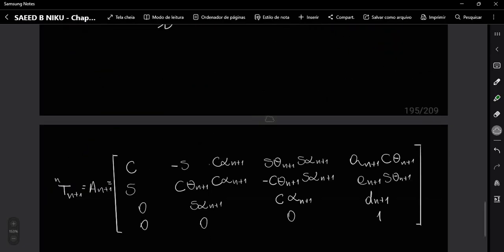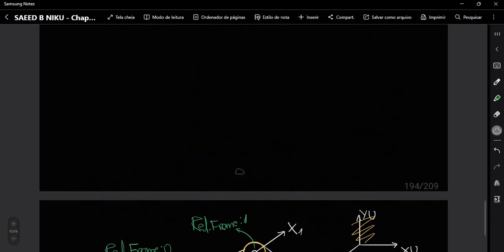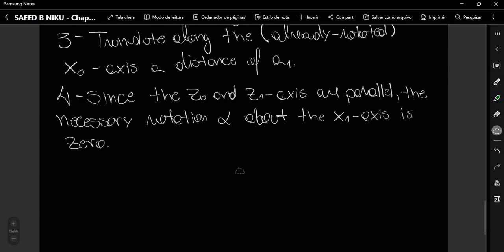And actually, before we are able to substitute these elements on this matrix, let's see the fourth and last motion, which says that since the z0 and z1 axes are in parallel, the necessary rotation alpha about the x1 axis is 0.